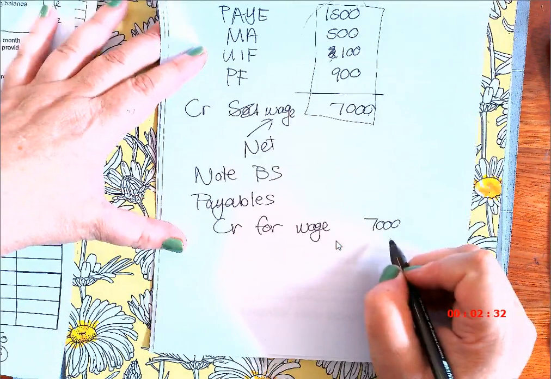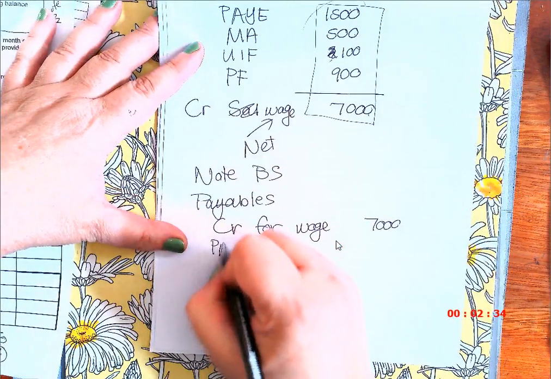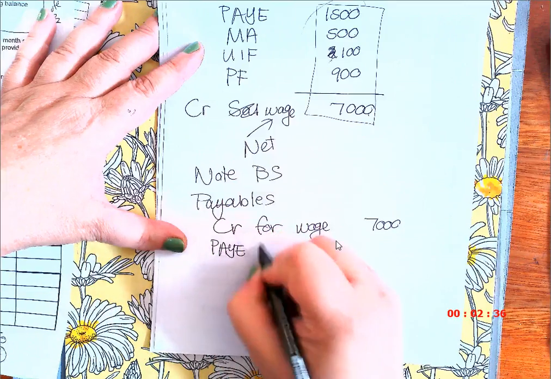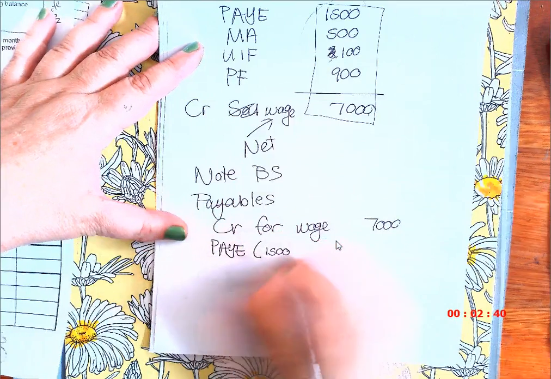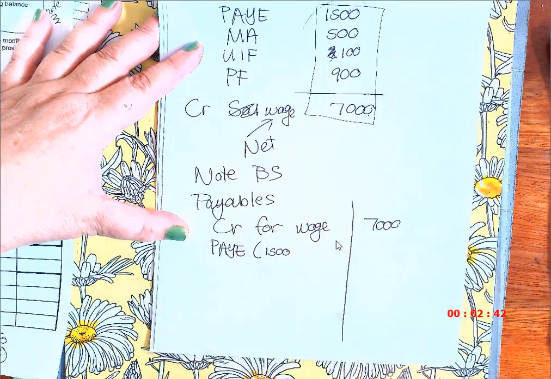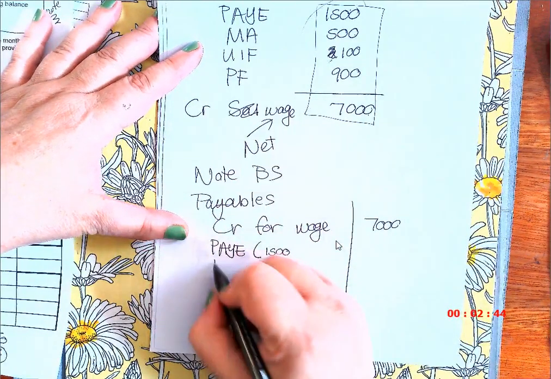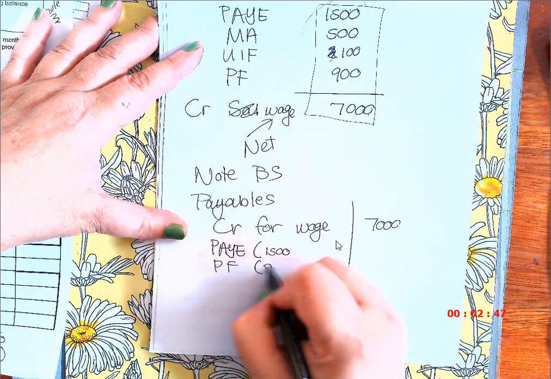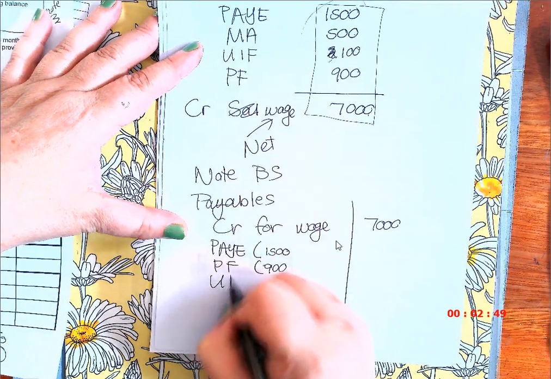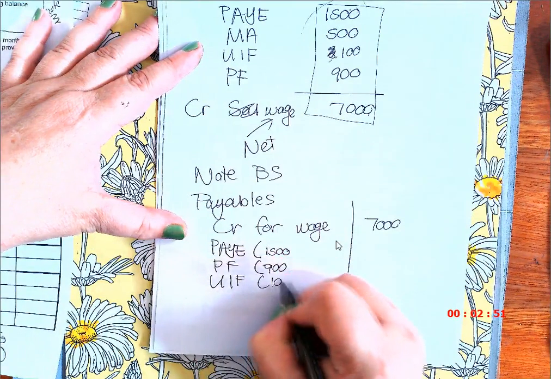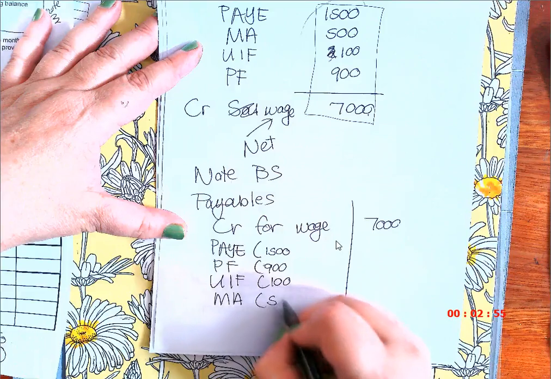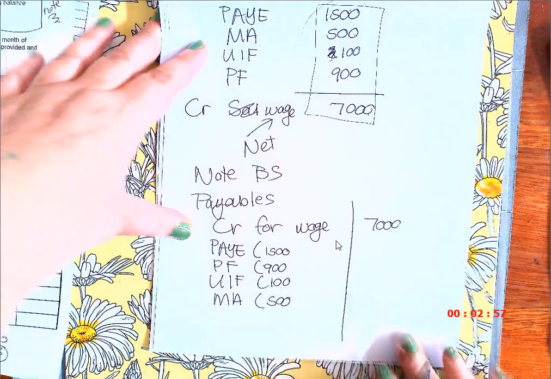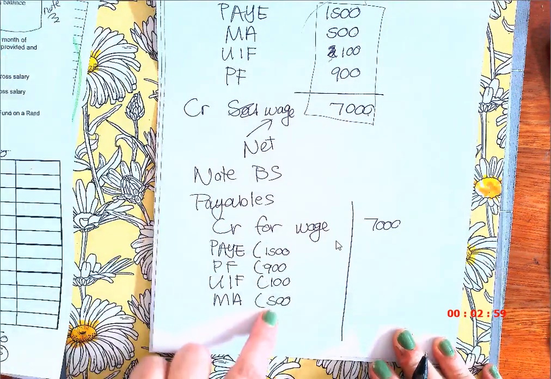What else do I have? PAYE, I'm just going to bracket it, 1,005. Why bracket? I just want to calculate first. Okay. Pension fund, 900. UIF, 100. Medical aid, 500. Okay. So, can you see? This is my deductions.